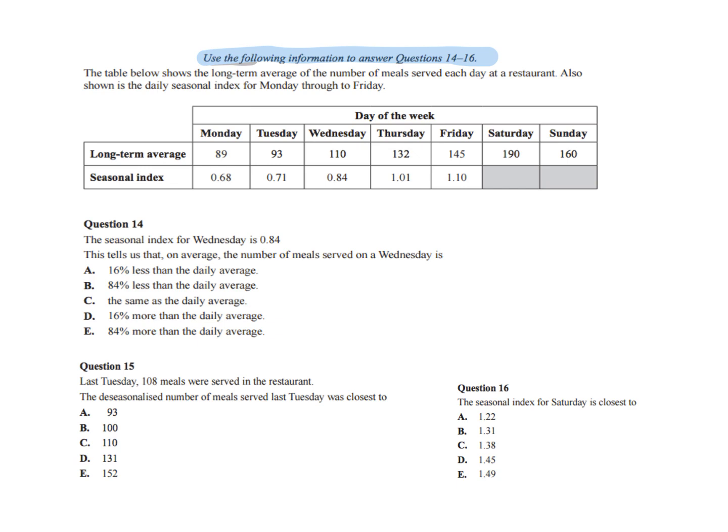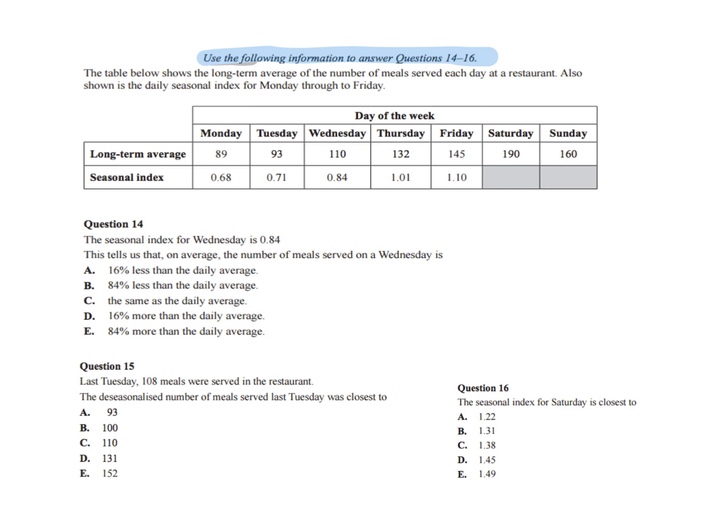So the table below shows the long-term average of the number of meals served each day at a restaurant, and it also shows the daily seasonal index from Monday to Friday. The first question: the seasonal index for Wednesday is 0.84.